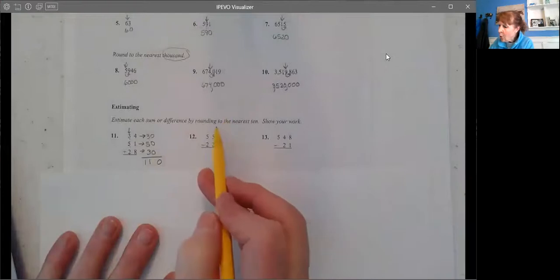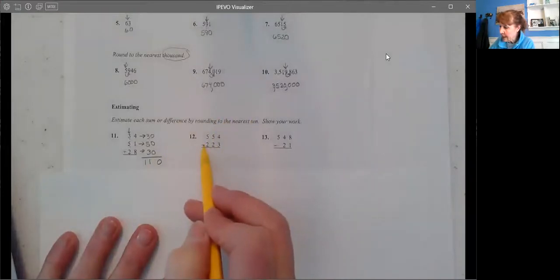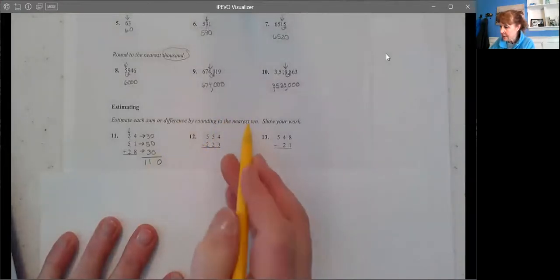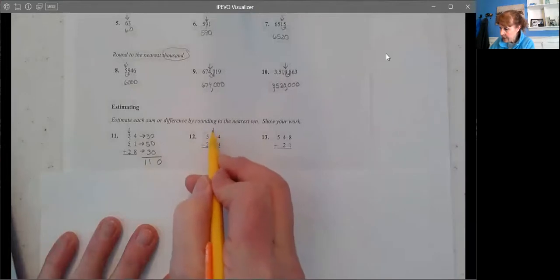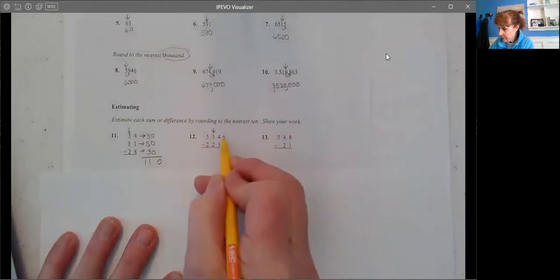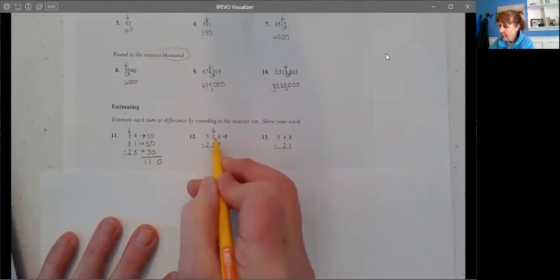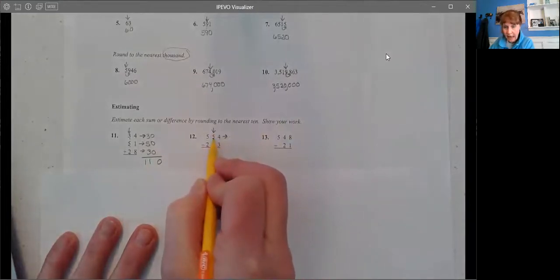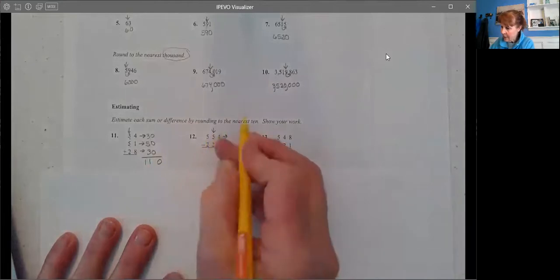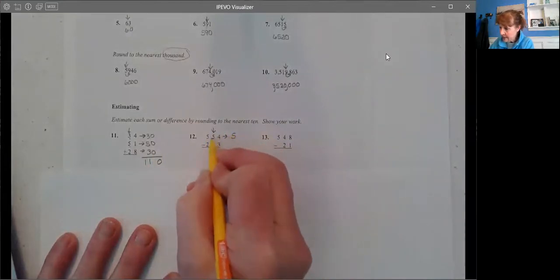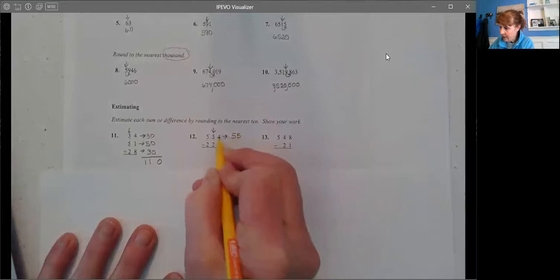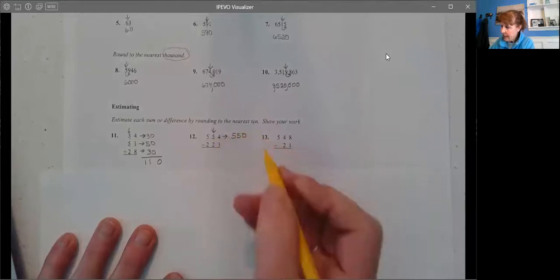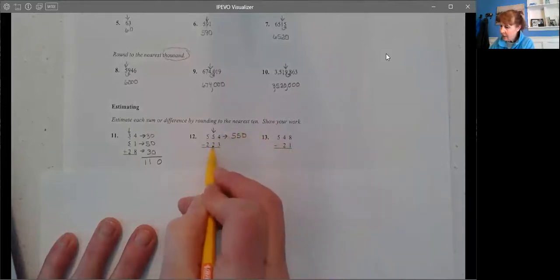So again, we're finding the difference here in this case, and we're going to round to the nearest 10. So here's our 10 spot. So looking at that, you look to the right, it's less than 5, so this 5 will stay. So 500, that stays, and what follows is a 0. Same way here, you go to the 2, it's in the 10 spot.